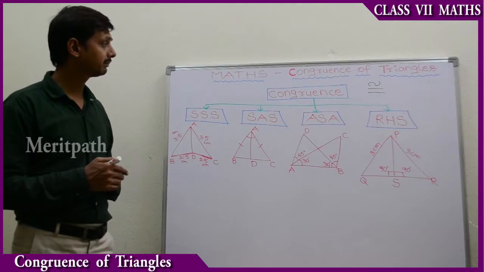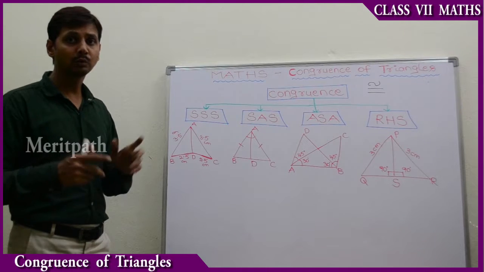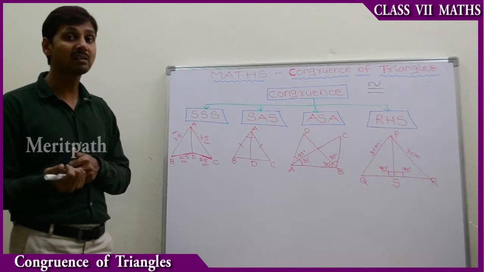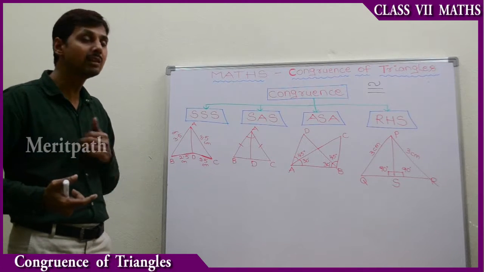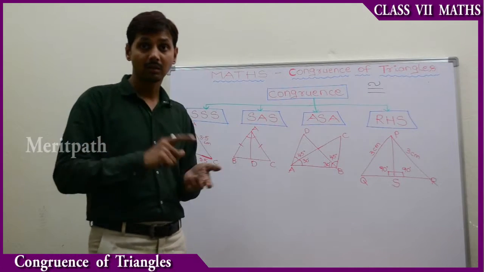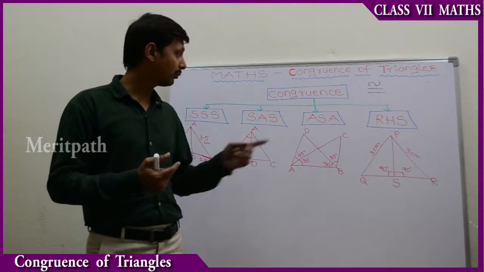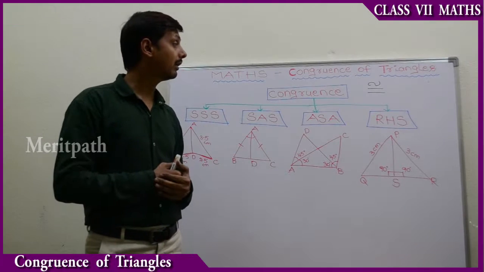And when we compare two triangles, if two corresponding angles are equal and one of the corresponding sides is equal in the two triangles, then we call it ASA property, angle side angle.